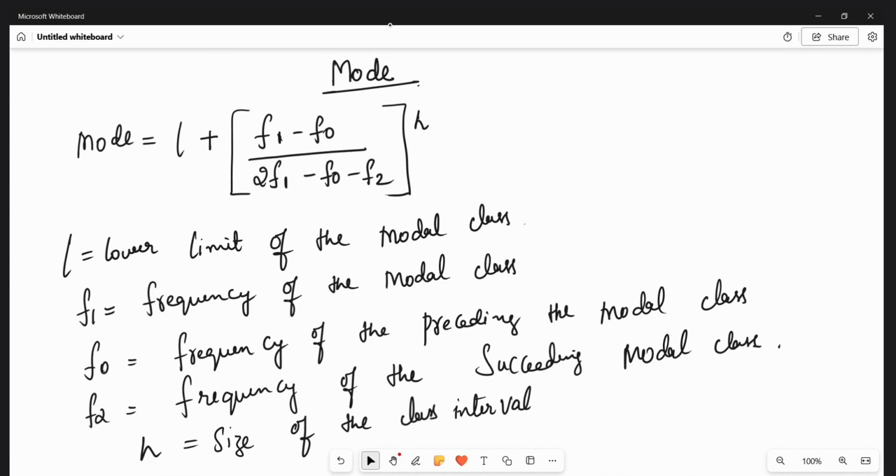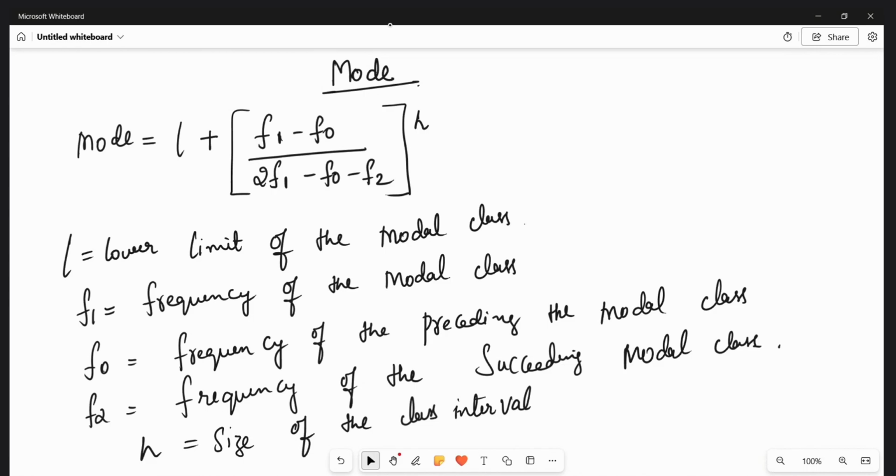What does the highest frequency indicate? That in that class interval there are more, maybe more students getting marks in that same class interval. So the modal class is the one having the highest frequency.